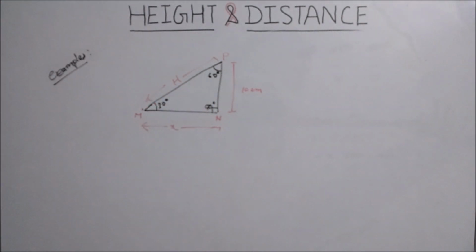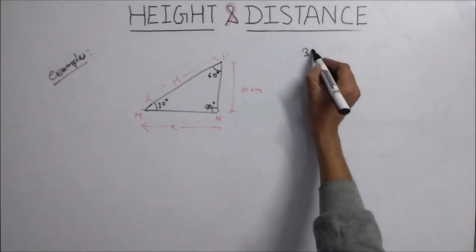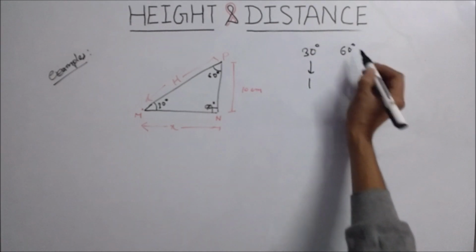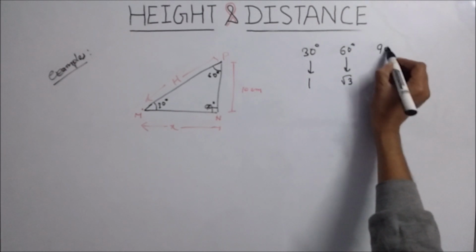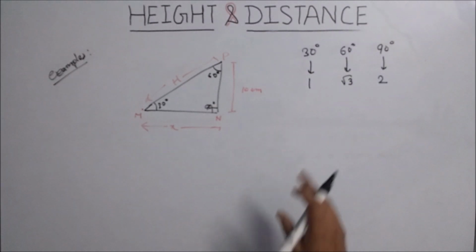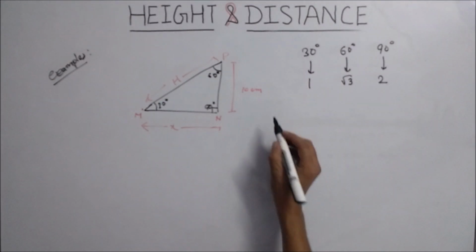For solving this question within a fraction of a second, you have to memorize these values. For 30, the value is 1. For 60 degree, that is root 3, and for 90 degree, that is 2. Now you have to interrelate these values with the question values. How?